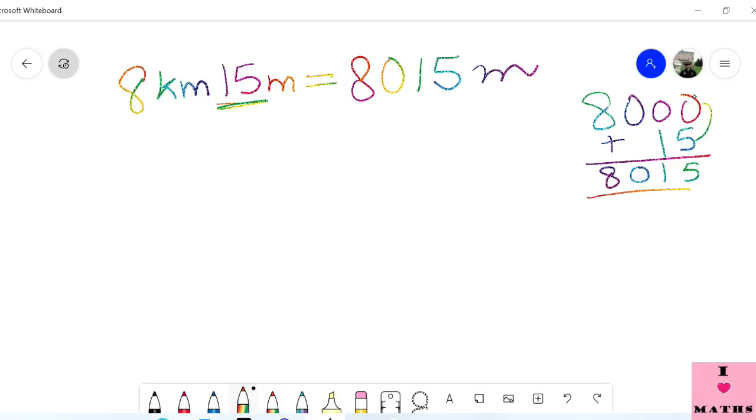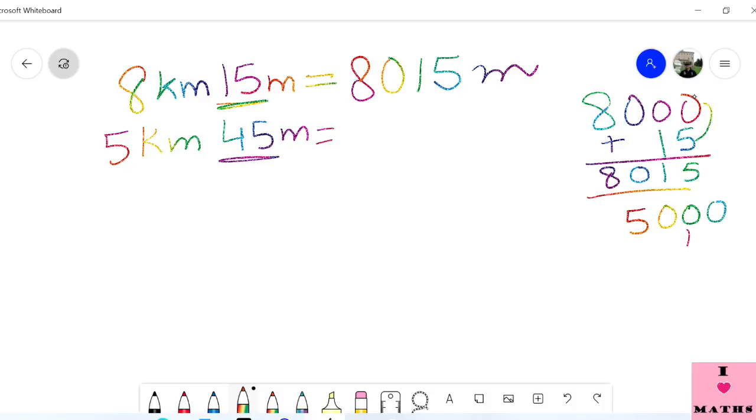Now let us see 5 kilometer, 45 meter. So 5 kilometer makes 5,000 meters and I have to add 45 in it. Okay, let me add 45 to this. So this will be 0 plus 5 is 5, 0 plus 4 is 4, 0 and 5.